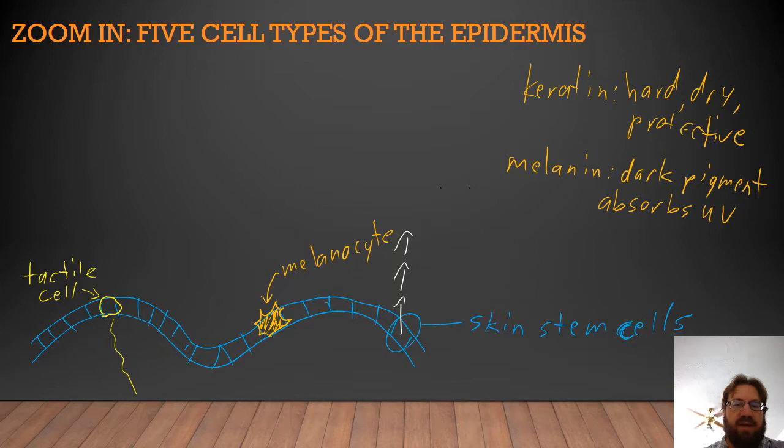Okay, so what are those other cells of your skin? As the skin stem cells mature, they make their way up and become increasingly broad, flat cells. These cells that will ultimately form the granulosum and the stratum corneum, these are keratinocytes.